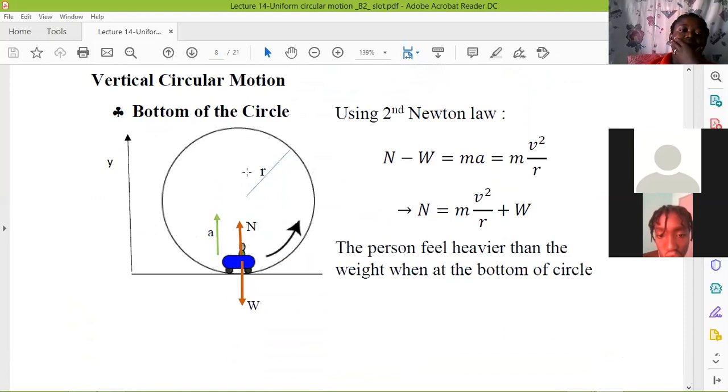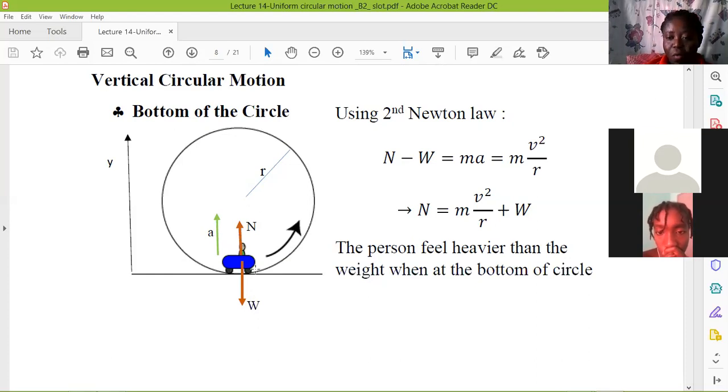Okay, so let's see if an object moves in a circular motion, which forces are acting on the object as it moves. Let's say you have an object at the bottom of a circle. Then you can see there's a normal force which is perpendicular to the surface.